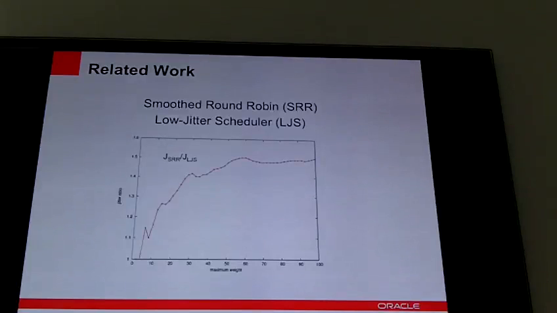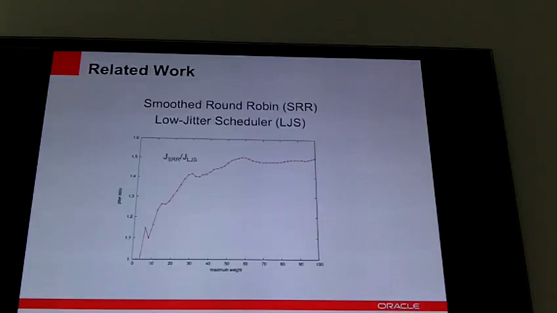It outperforms the deficit round-robin scheduler. This scheme was probably published about 10 years ago. A couple of years ago, we published another scheme, the LJS scheduler, which has lower jitter in most cases, I should say, than SRR.